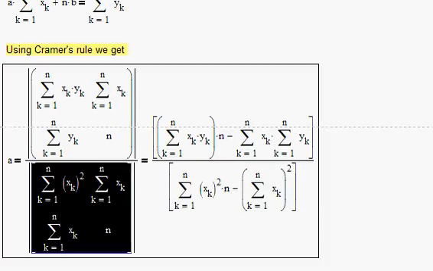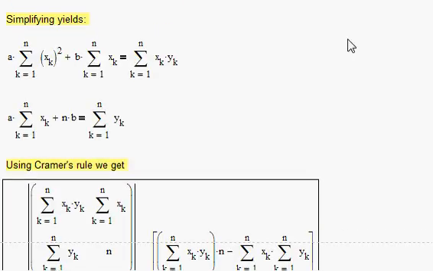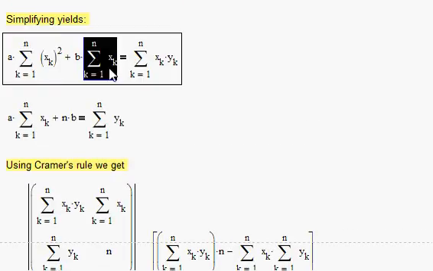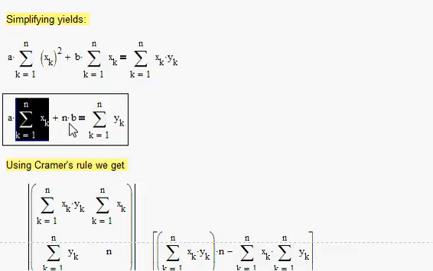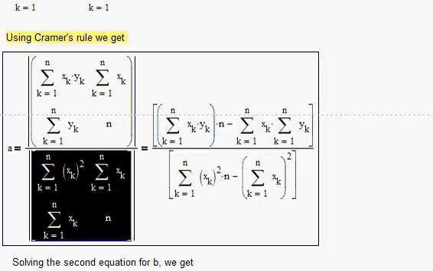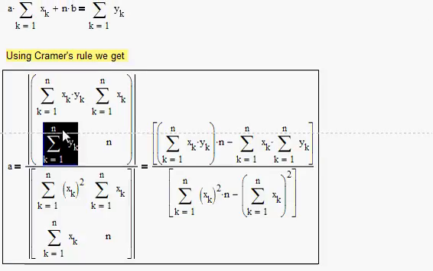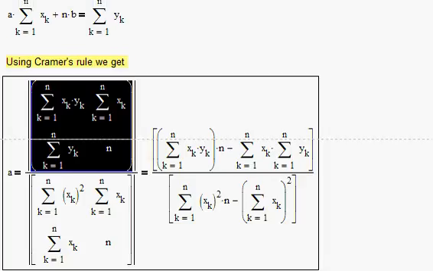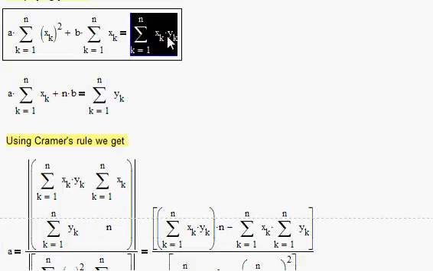The coefficients of A and B are the matrix coefficients, this one, this one, this one, and this one in our denominator. And when we want to find A, we replace the A column with the answers on the right.